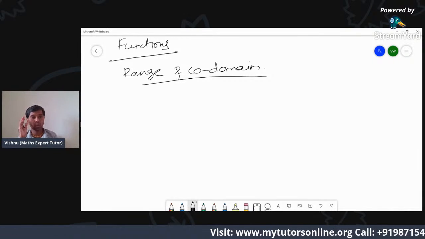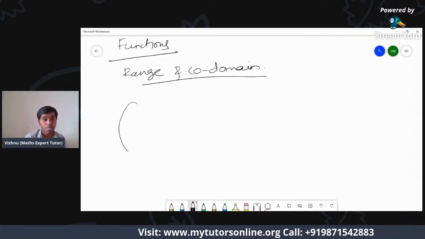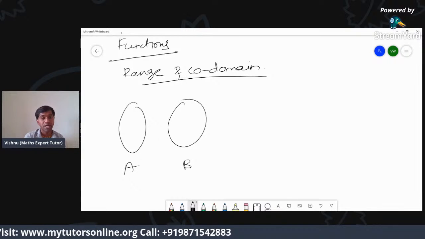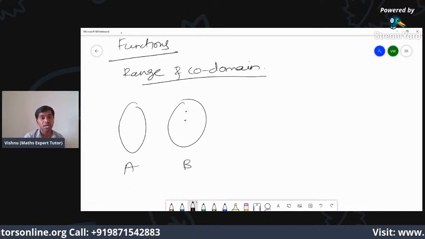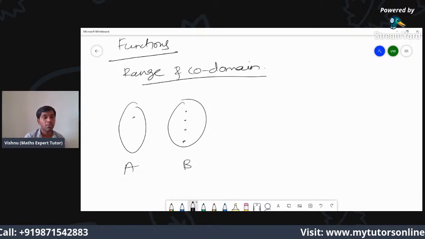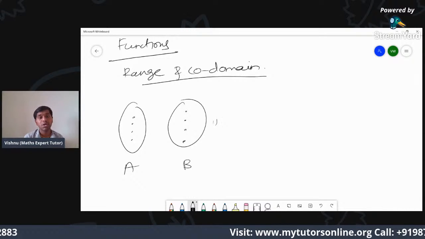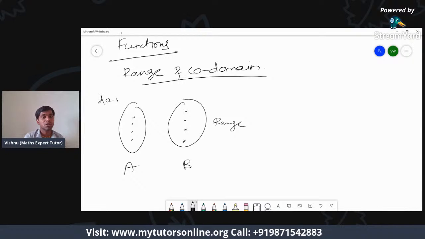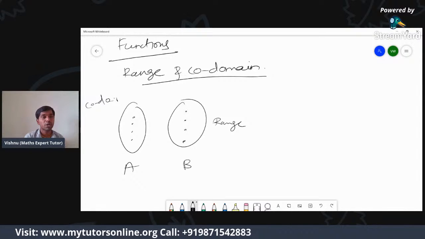Range and codomain. So this is what is the indication. Then whatever the set in B is, it is nothing but range. This is nothing but codomain.